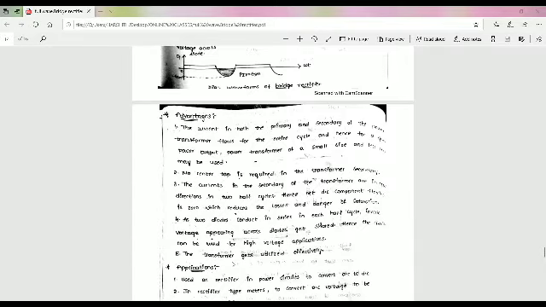And another one, disadvantages of the bridge rectifier. The only disadvantage of the bridge rectifier is the use of 4 diodes as compared to the 2 diodes in the normal full wave rectifier.